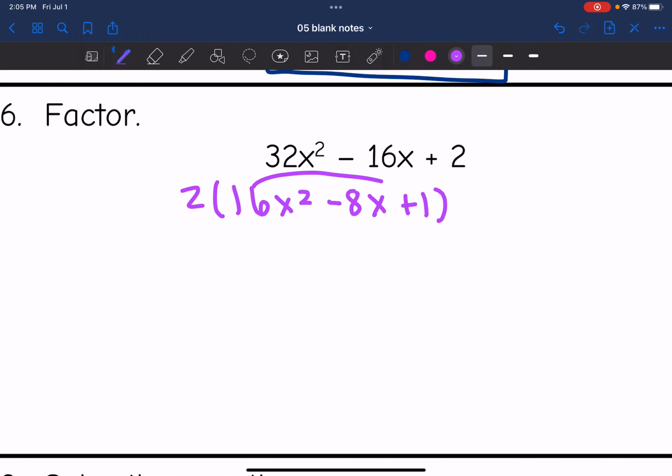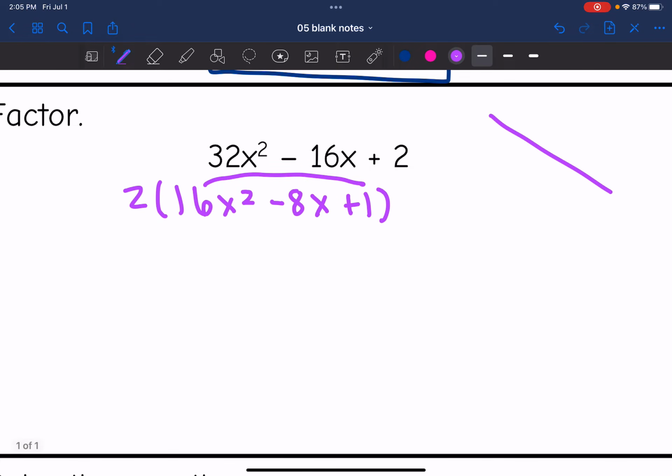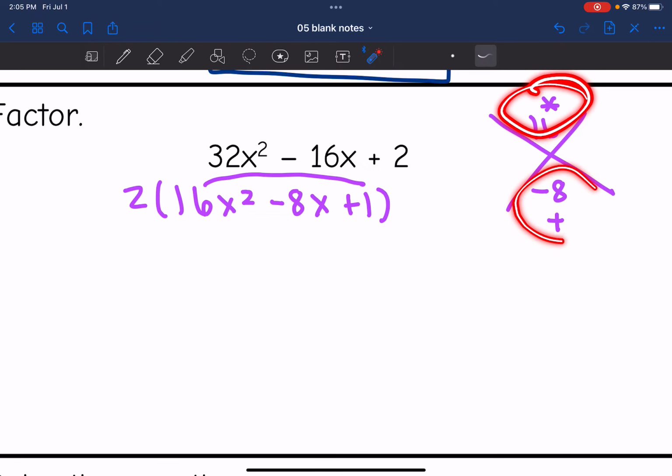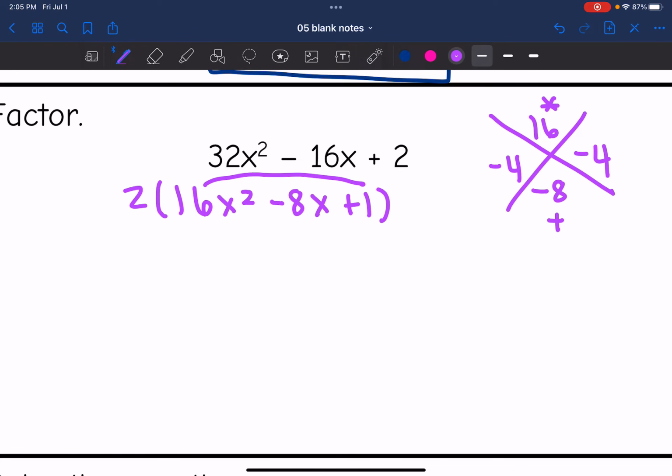So now I need to figure out what multiplies to 16 and adds to negative 8. So I need two negative numbers if I'm going to multiply to a positive and add to a negative, and I believe that would be negative 4 and negative 4. So the negative 8x term will split up into negative 4x and negative 4x.